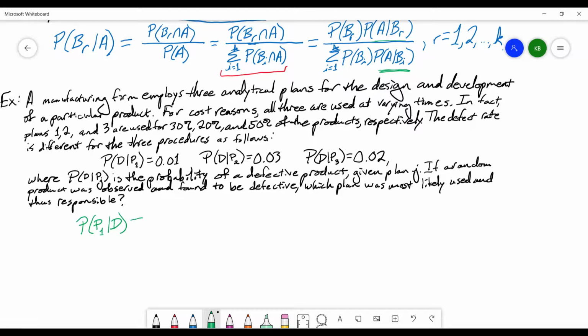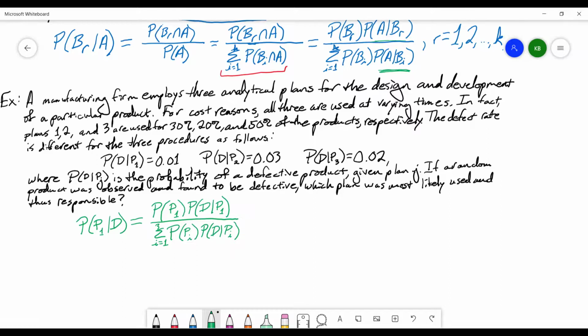So by Bayes' rule, I have that the probability of plan 1 being used times the probability of the product being defective given that plan 1 was used, divided by my sum from i equals 1 to 3, because I have 3 different plans that I could be using, of the probabilities that each of the plans is being used times the probability that it's defective given that each of the plans is used, will give me the conditional probability I'm looking for.